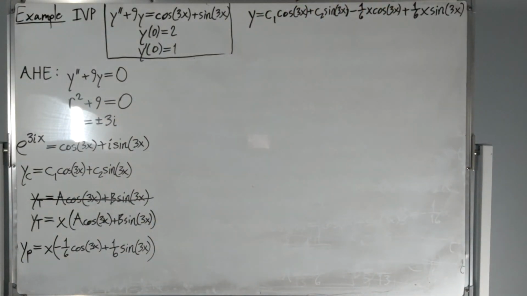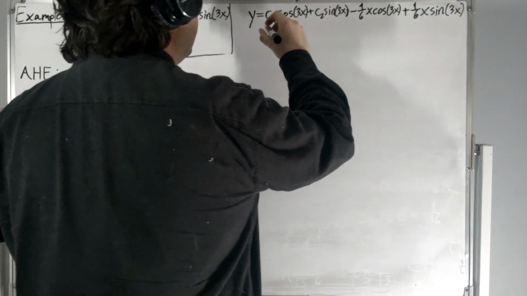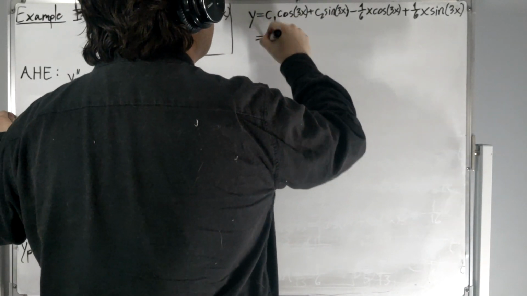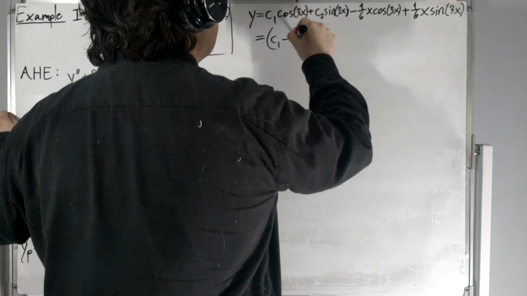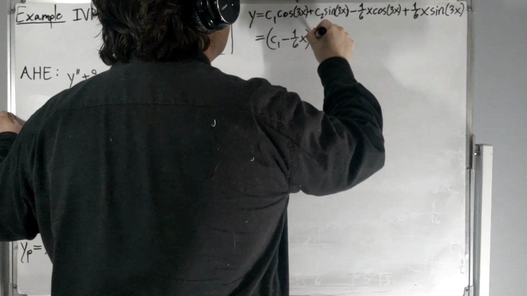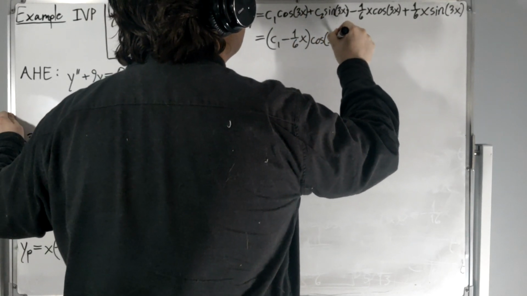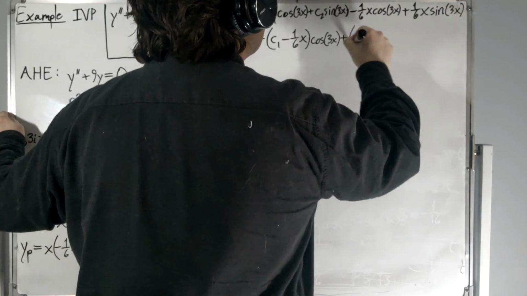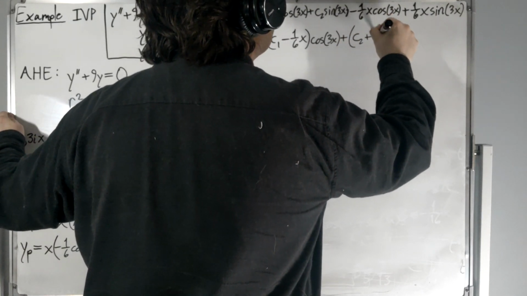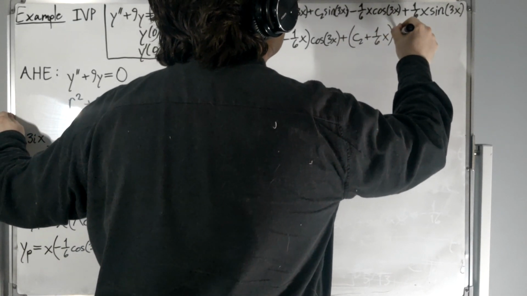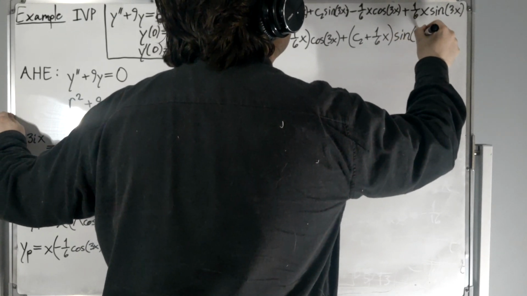First of all, I suppose we can combine some like terms here. We can say this is c1 minus 1/6 x cosine of 3x plus c2 plus 1/6 x sine of 3x.